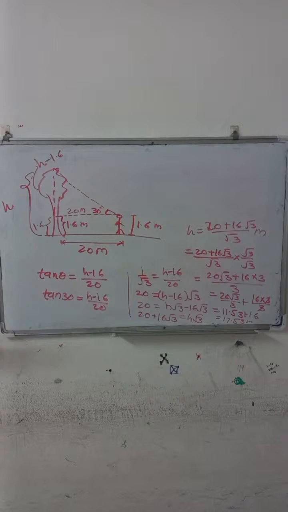Next question: the length of the shadow of a tower on the plain ground is root 3 times the height of the tower.